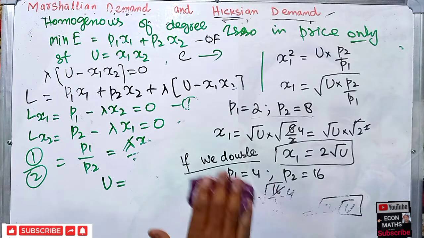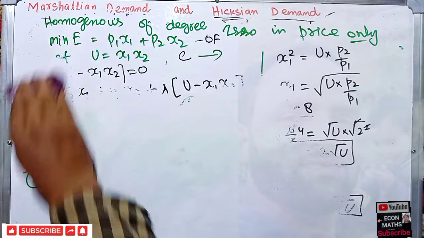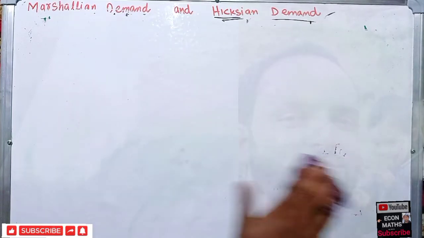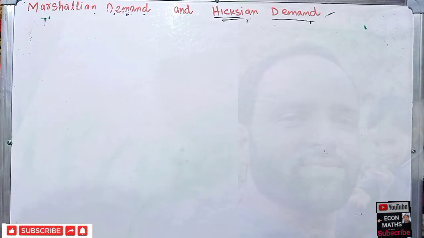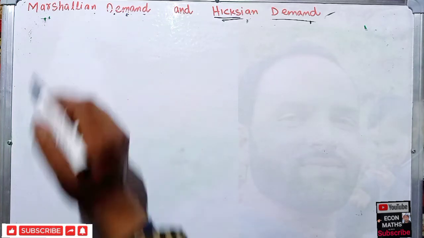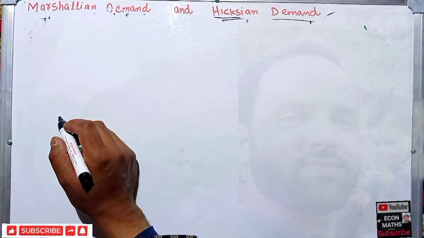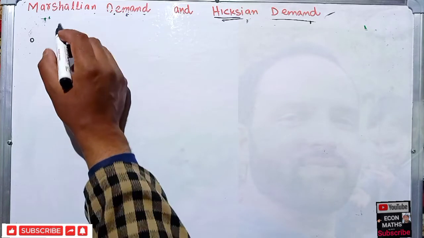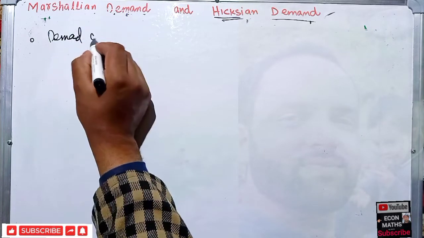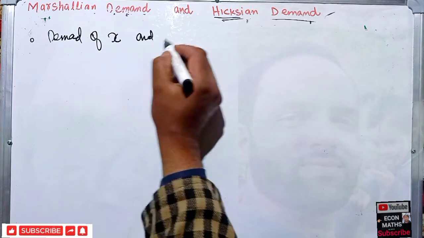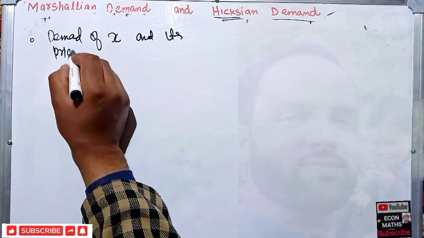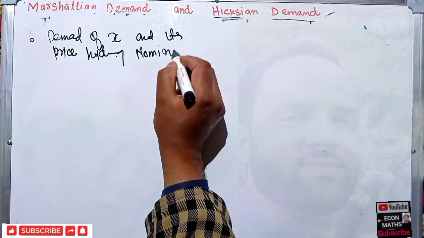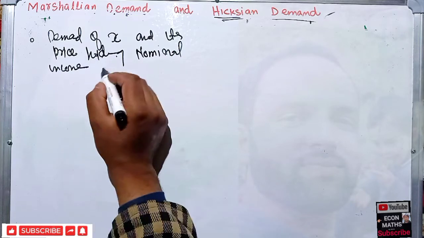So I will summarize here what are the differences between Marshallian and Hicksian demand function. In case of Marshallian demand function, we trace the relationship between demand of good X and its price holding nominal income constant.